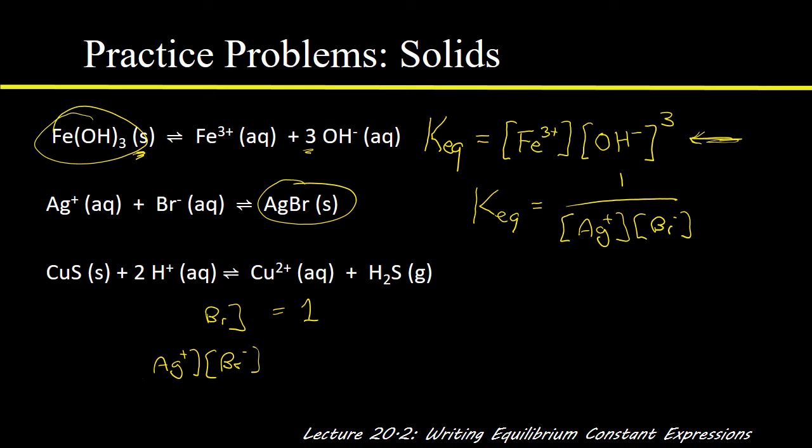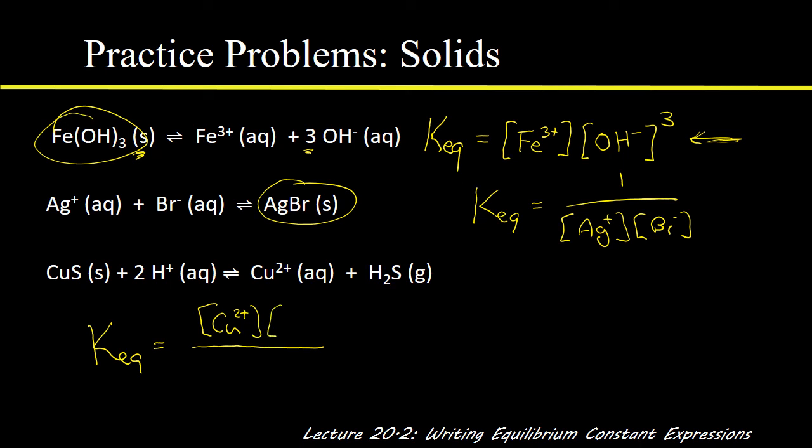All right, and then let's do the last one. The last one looks a little bit more complicated. We've got copper 2 ions, and we've got a gas here. So we've got the partial pressure of hydrogen sulfide, and in the denominator we've got copper sulfide and the hydrogen ions.